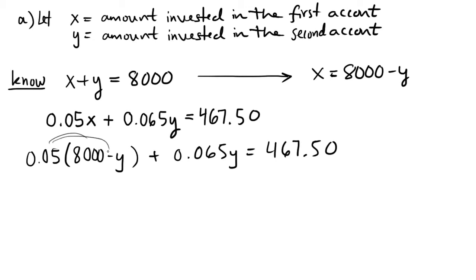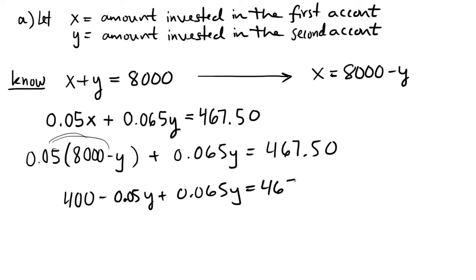Let's multiply out the brackets. What is 0.05 times 8,000? 400. And, oops, there's a 0 there. And the rest stays the same. All right. As we mentioned before, it's nice to have all the y terms on one side and all the number terms on the other side.